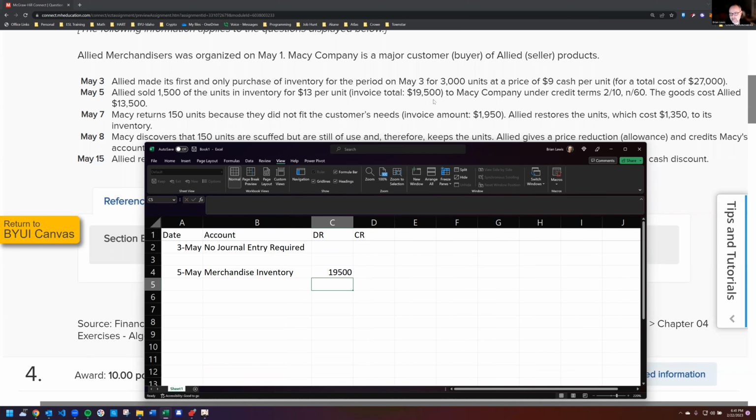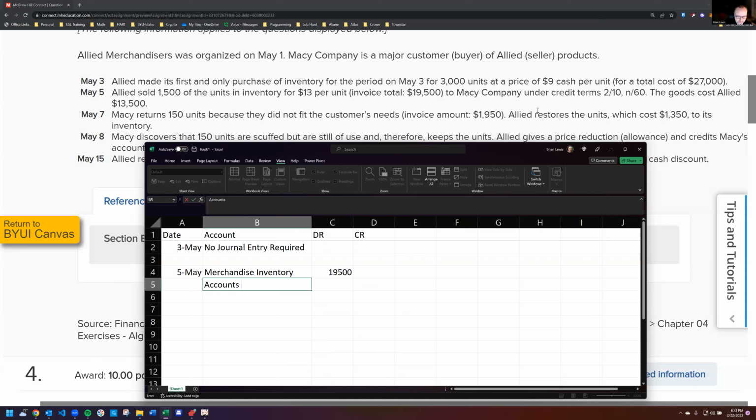Okay. That means it's coming out of cash, because oh no, this is not cash because it's accounts receivable, right? Under credit terms. Credit terms is a big issue here. So accounts receivable, I think. This is Macy, right?